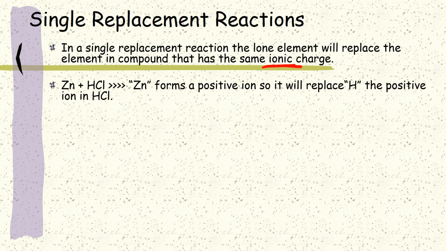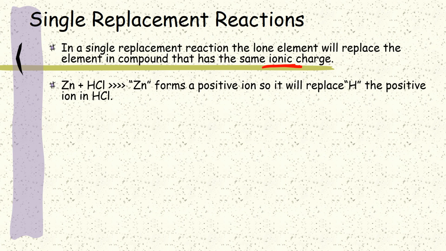All right. So if I have a scenario where I'm trying to see if a reaction between zinc and hydrochloric acid will happen. When we look up zinc on the periodic table, we find out zinc is a metal.